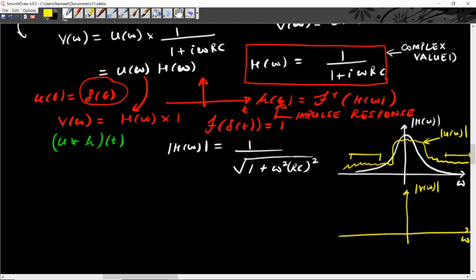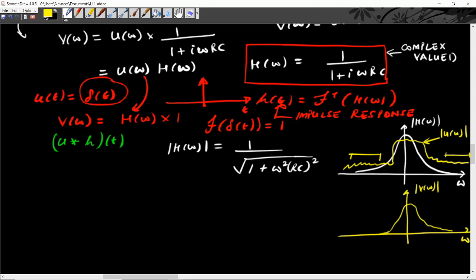So it might look something like this. Therefore, we'll say that this filter defined by the RC circuit, where the output voltage across the capacitor is taken as the output signal, acts as a low pass filter.